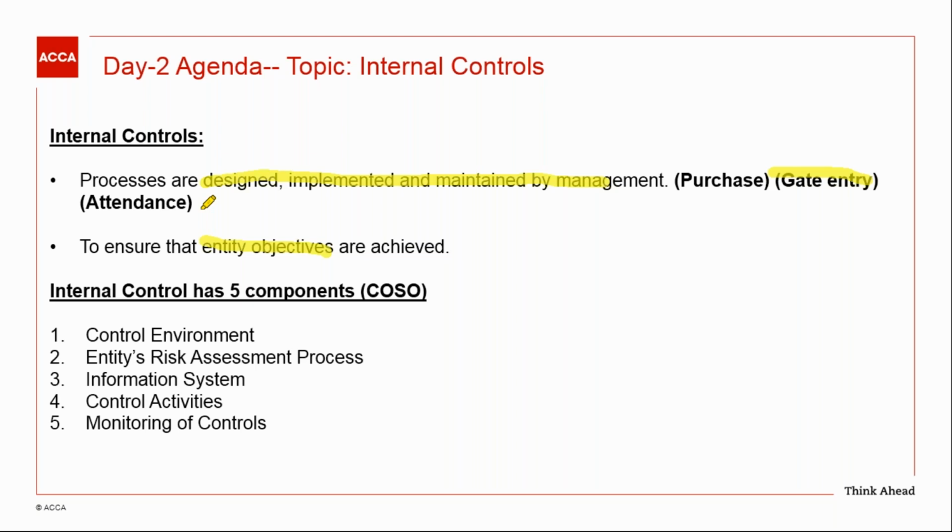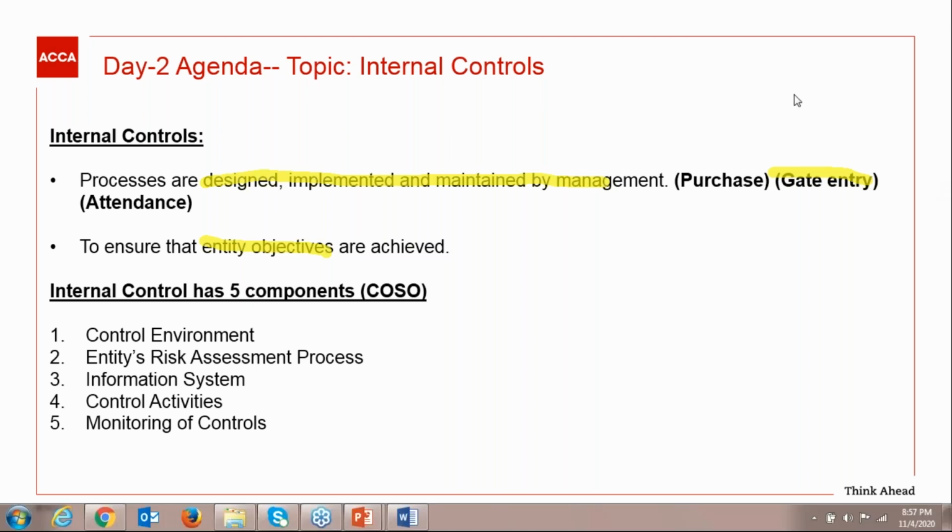I repeat, I will tell you the internal control which is placed by management, and you have to tell me what the entity's objective is behind this control. Understand? So the second example is related to attendance.